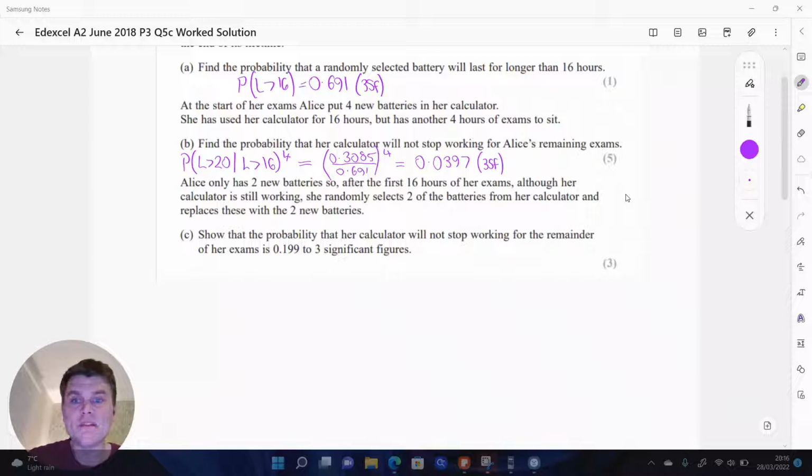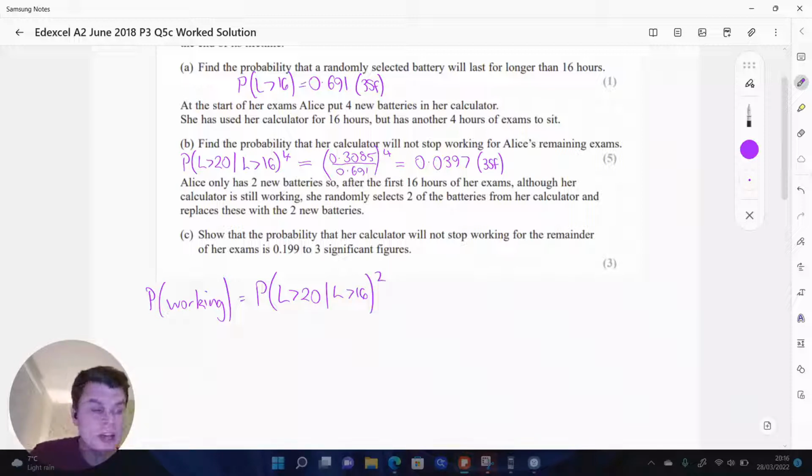So we are looking for the probability that it is working. And that is going to be the probability that we have the existing 2 batteries that are left that aren't changed. We're looking for the probability that lifetime is greater than 20 hours, given that lifetime is greater than 16 hours, and that's squared because there's 2 batteries this time.